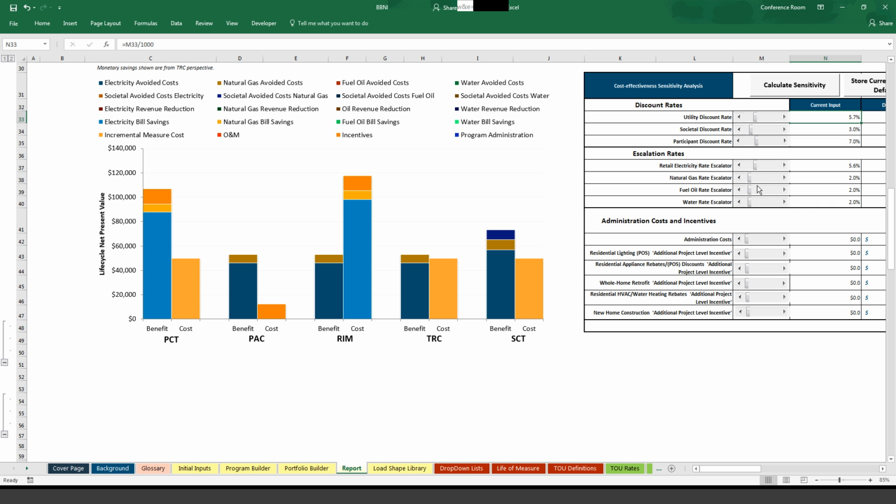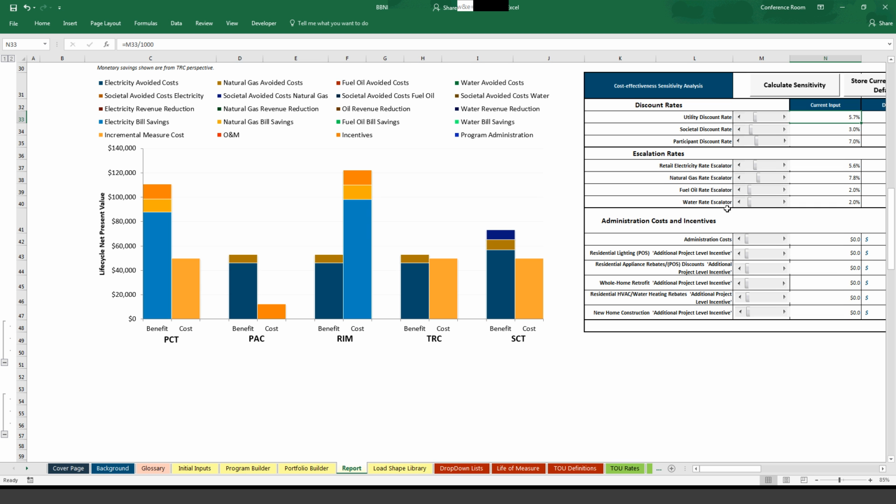Similarly, I don't think we have a lot of measures that have dual fuels, but the few that do will probably get impacted by having a higher natural gas. So that also made the PCT higher. And the reason they are moving only a little bit right now, despite a huge change, is because we have very few measures that have natural gas impacts, and those are small.